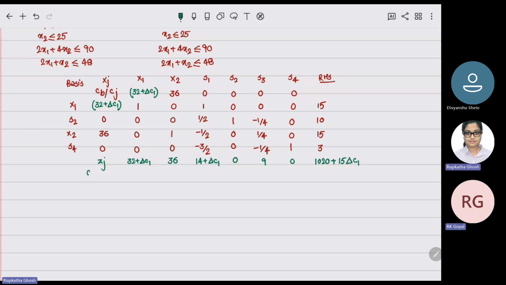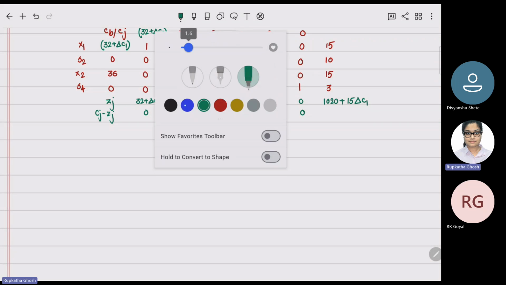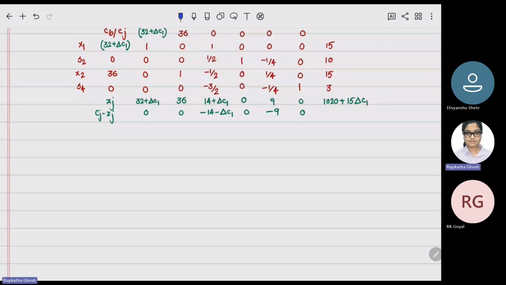Now if you do Cj minus Zj, you'll be getting 0, 0, minus 14 minus delta C1, 0, minus 9, 0. Now, as per the optimality condition, since it is a maximization problem, your minus 14 minus delta C1 should be less than or equal to 0.